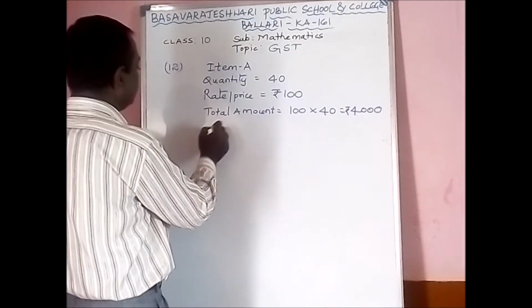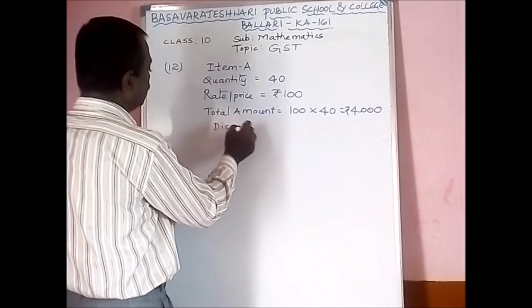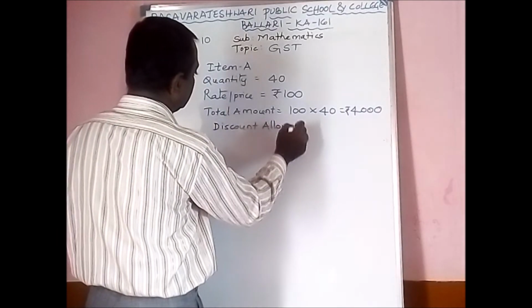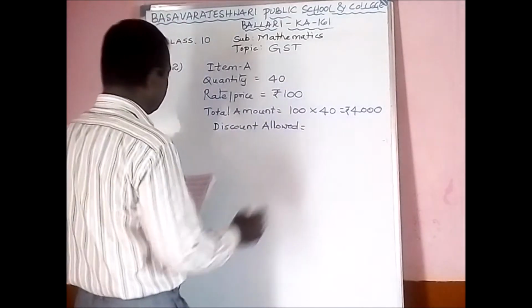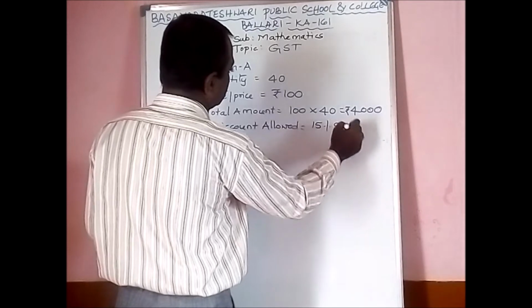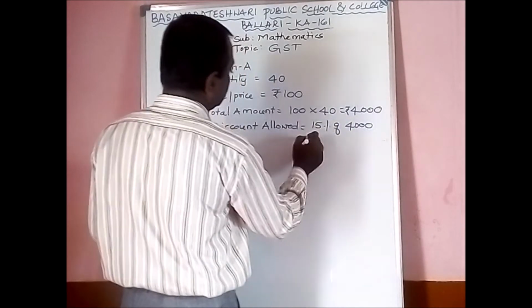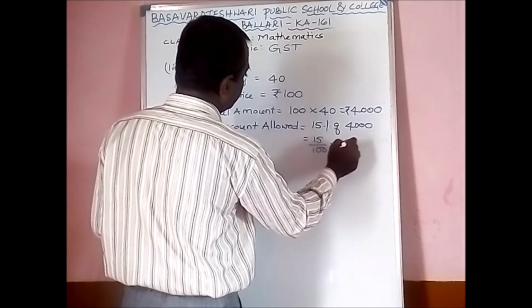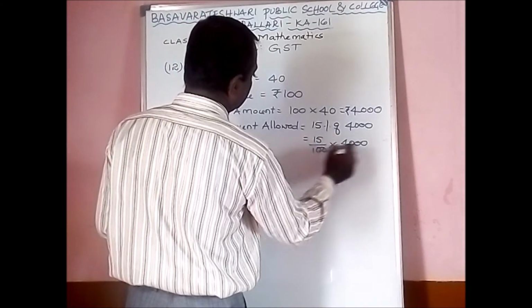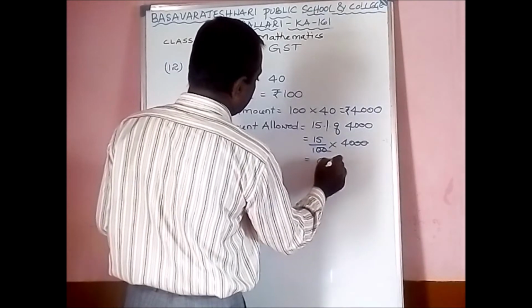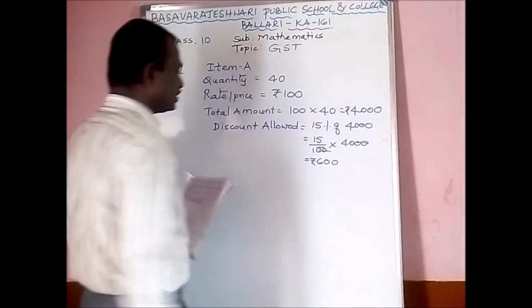Discount allowed, how much? 15% off 4,000 rupees. 15 by 100 into 4,000 rupees. 15 times 4 is 60, and with the zeros, 600 rupees is the discount.